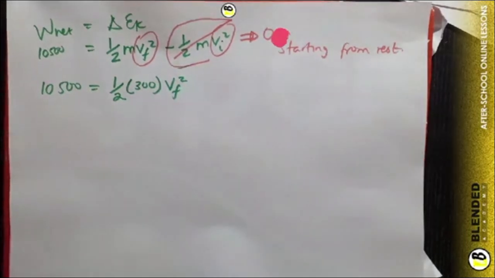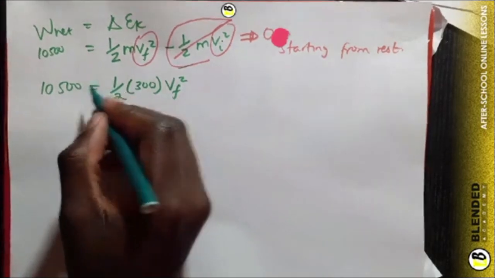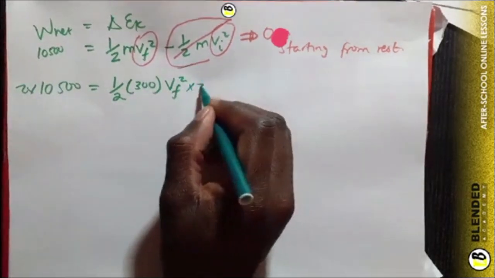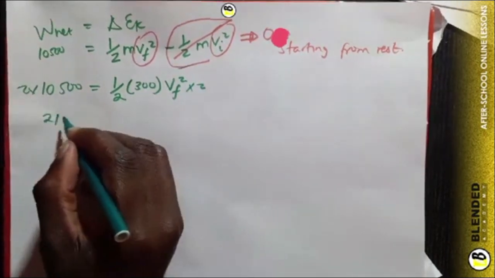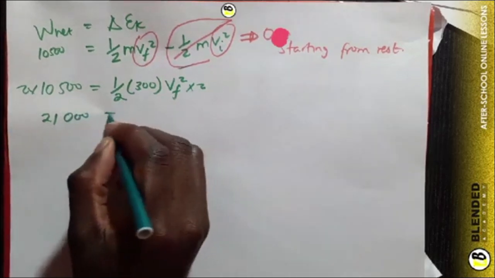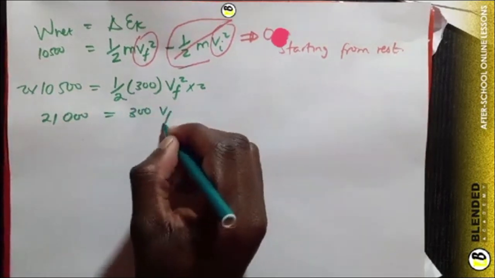At this point, you can use your calculator to find vf. You can just multiply both sides by 2 first: 21,000 equals 300 vf squared.